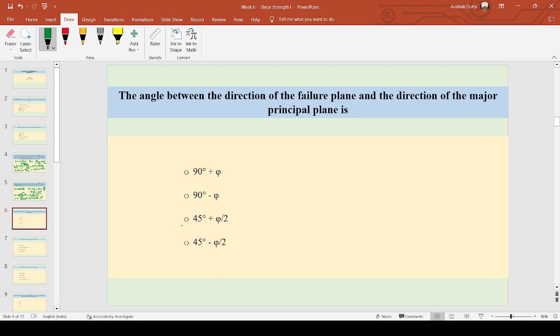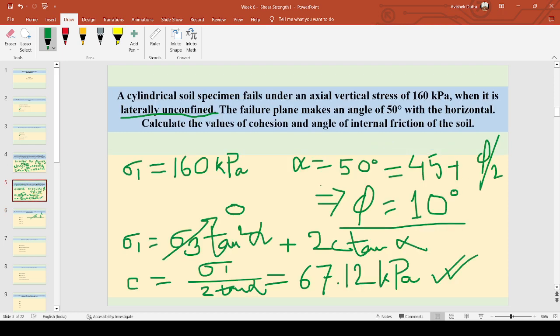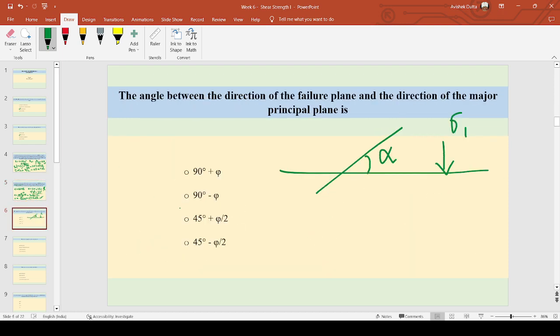The angle between the direction of the failure plane and the direction of the plane of the major principal stress. This is the major principal stress sigma 1, and this is the failure plane. The angle in the plane is alpha, and as per the previous question also, alpha equals 45 plus phi by 2. This plane makes an angle of 45 degrees plus phi by 2, where phi is the angle of friction or friction angle.